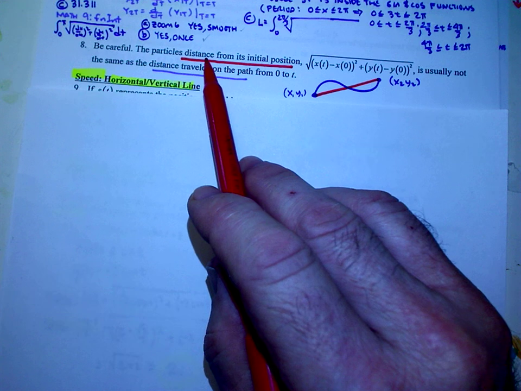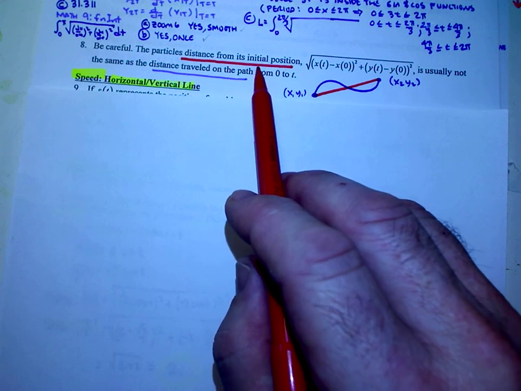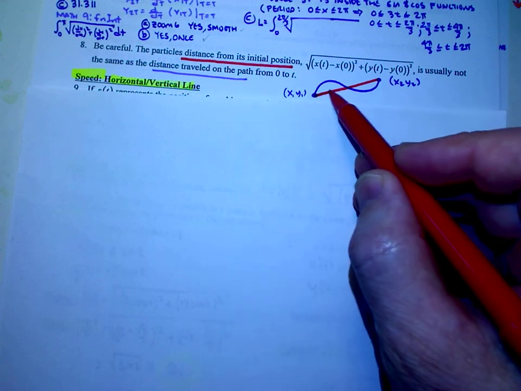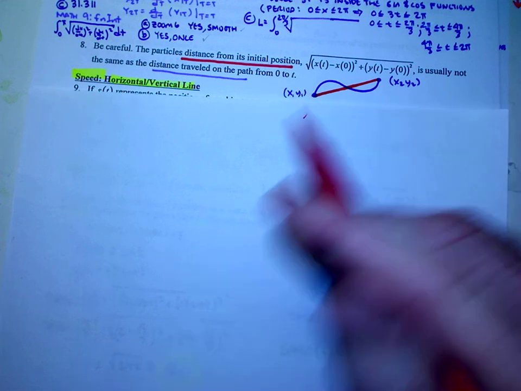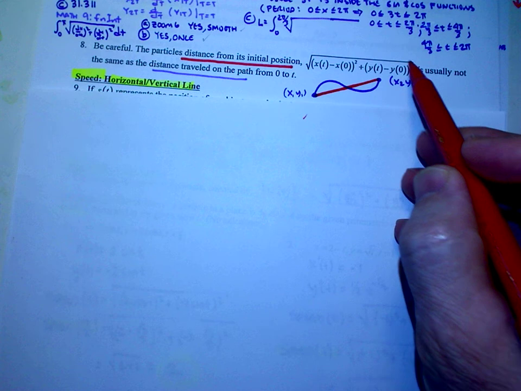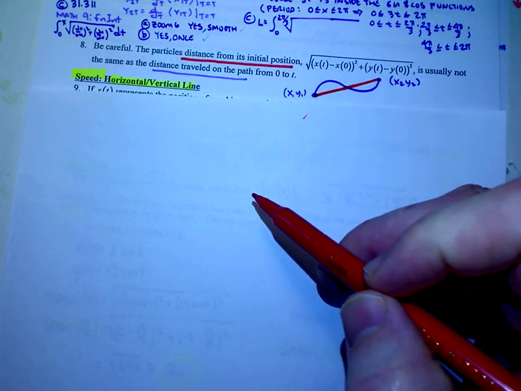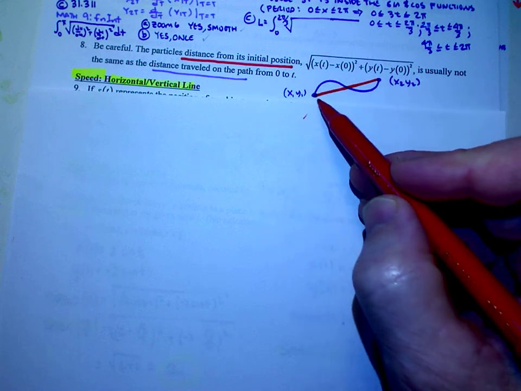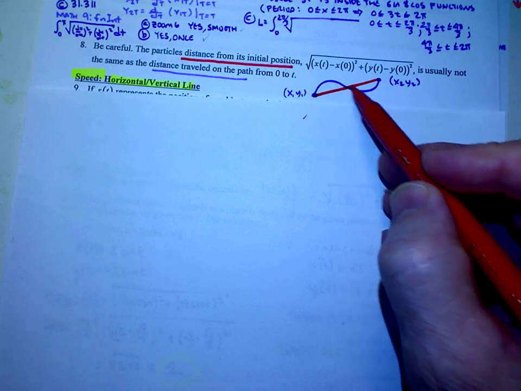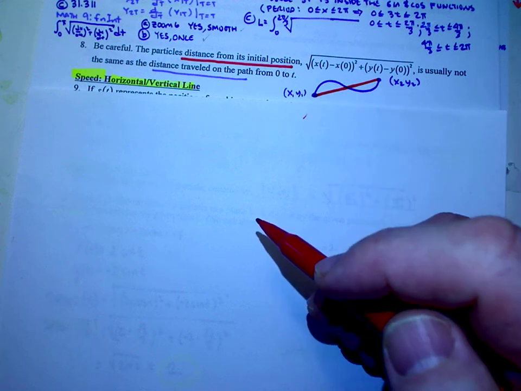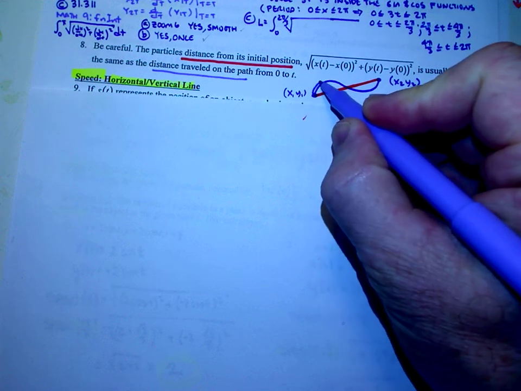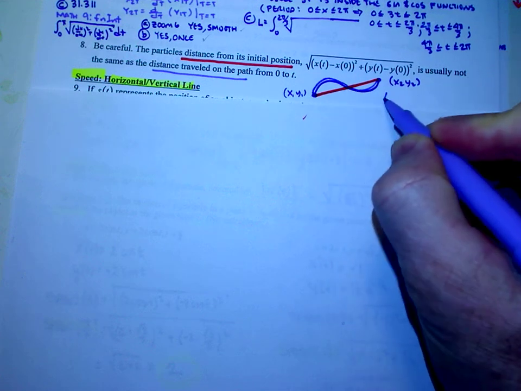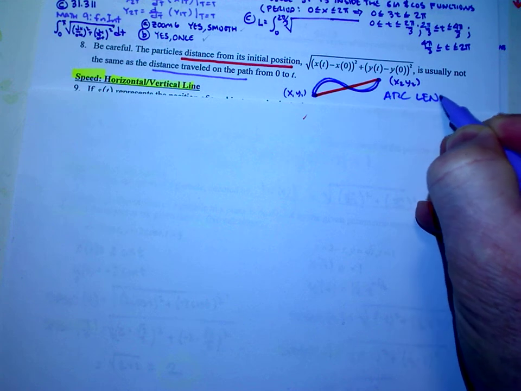The distance from its initial position to its current position is just a straight line from x1, y1 to x2, y2. That's how far it is away from its initial position, which would be just a distance formula problem. That wouldn't be the same if the particle took any other path rather than that straight line distance. If it takes another path, in this case we'll want to do our arc length calculation, not the distance formula.